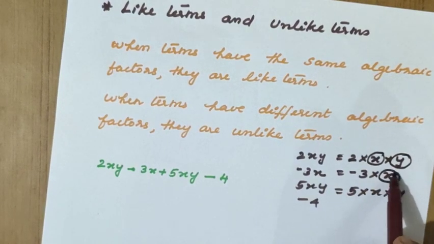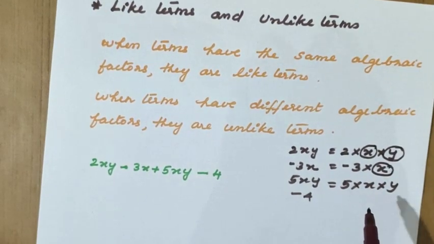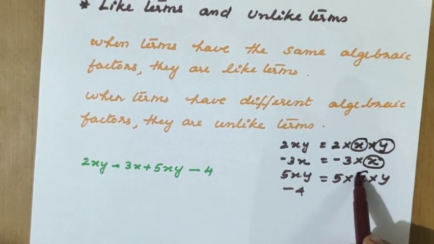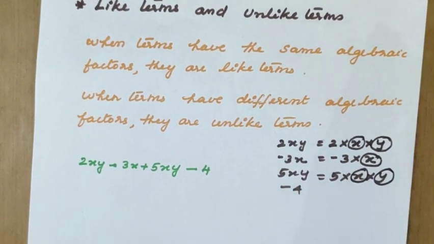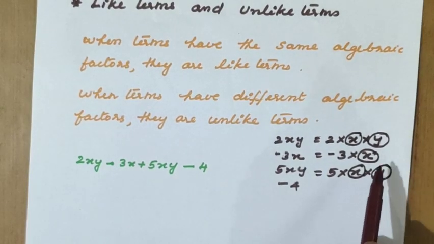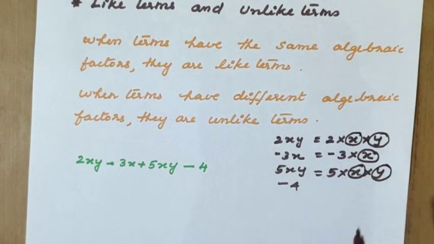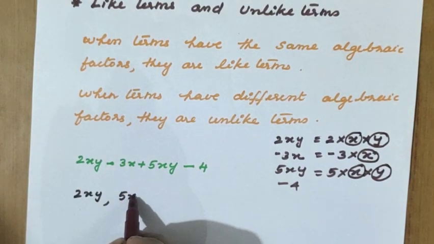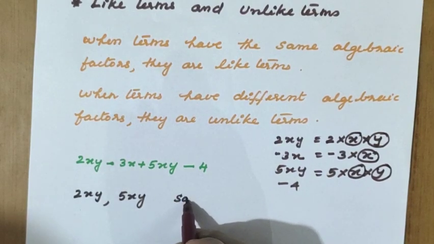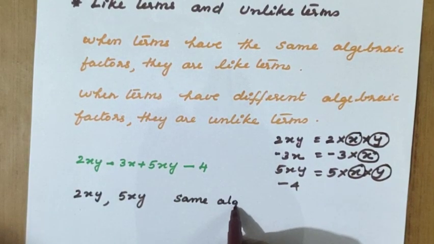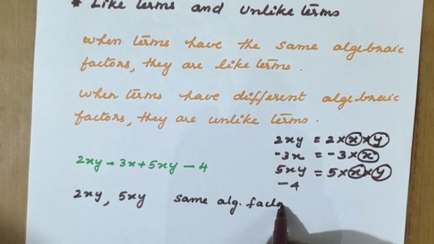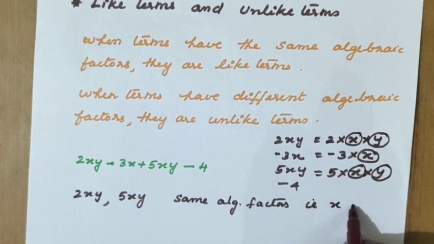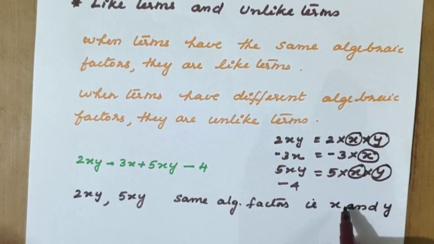For 5xy, x and y, right? Now we can see that these two terms, 2xy and 5xy, have the same algebraic factors, that is x and y. The power of x is also 1, y is also 1. So we should check first the variables, then their powers.